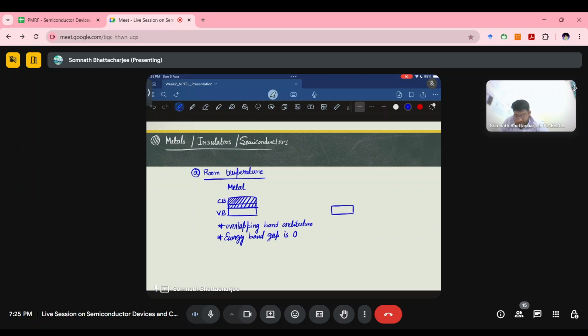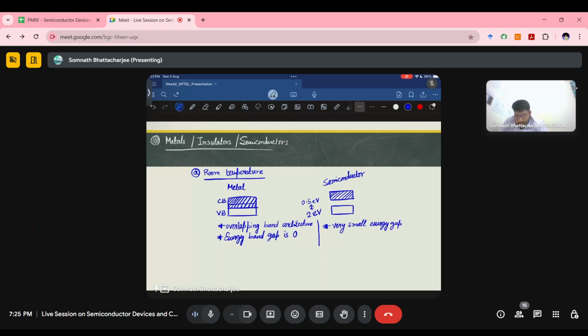Whereas at room temperature, if there is a very small gap between these two bands, and the gap may be between 0.5 electron volts to a maximum of 2 electron volts, this structure is called a semiconductor, and it has a very small energy gap.